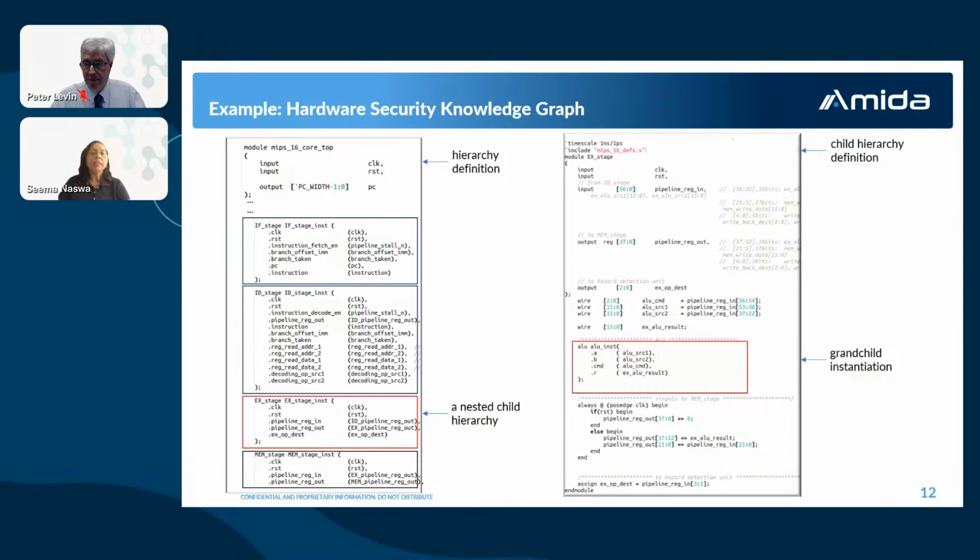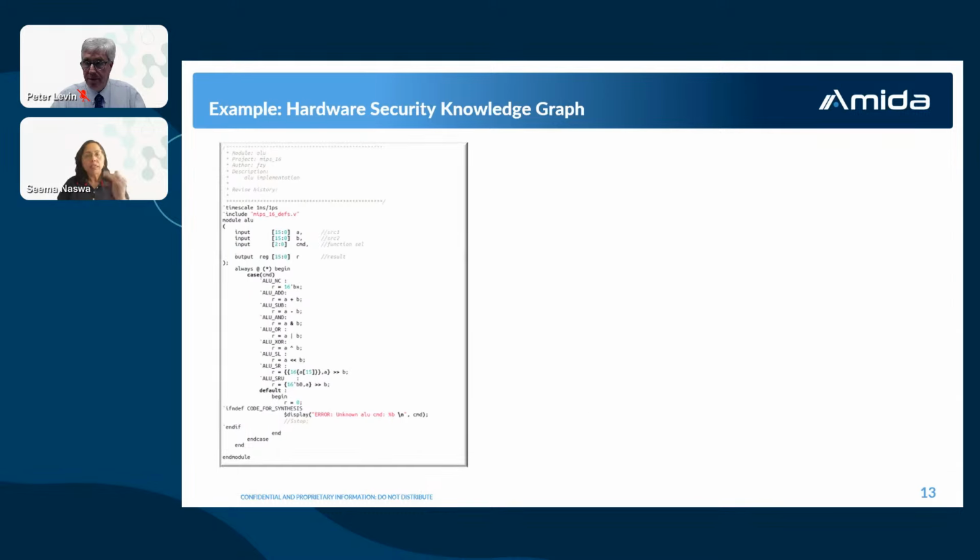So there could be hundreds of hierarchies in a design, and they can be nested very deeply. Here, say I'm at the bottommost hierarchy of my design, and it's describing some logic. Now, vulnerabilities can emerge at any level. They can emerge at the deepest level of hierarchy, and still affect higher levels by propagating.